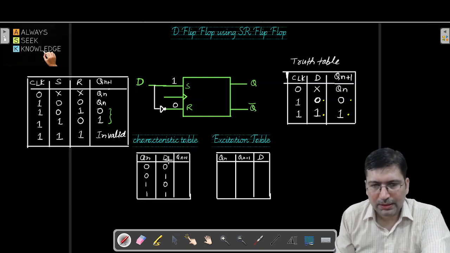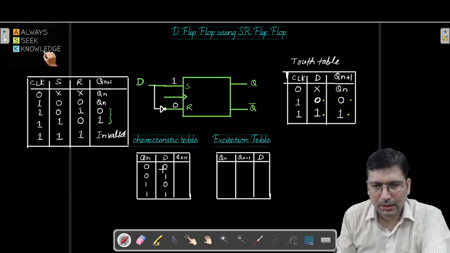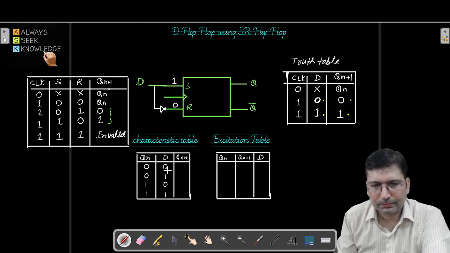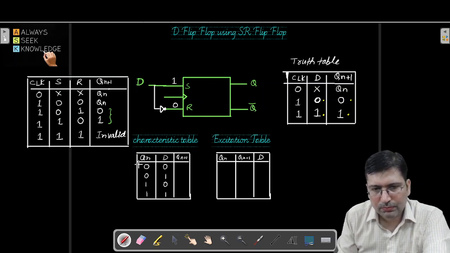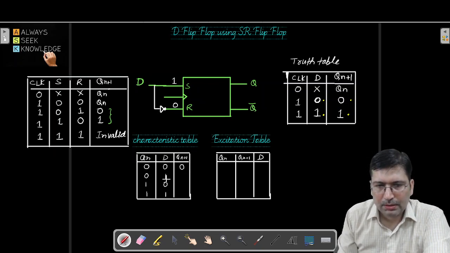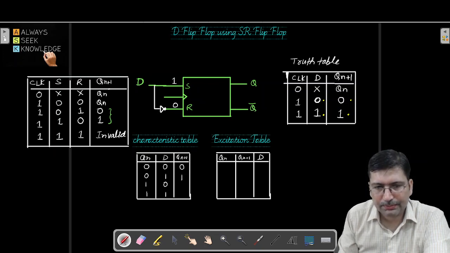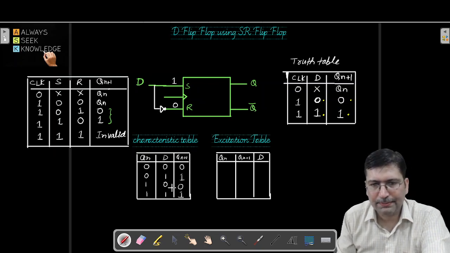When Qn is 0 and D is 0, if D is 0, it doesn't depend on Qn. The Qn plus 1 will be 0 only. Similarly, when D is 1, it doesn't depend on the previously generated output, so it will just give you 1. Similarly, here you will get 0 and here we will get 1. So it is 0, 1, 0, 1, right?